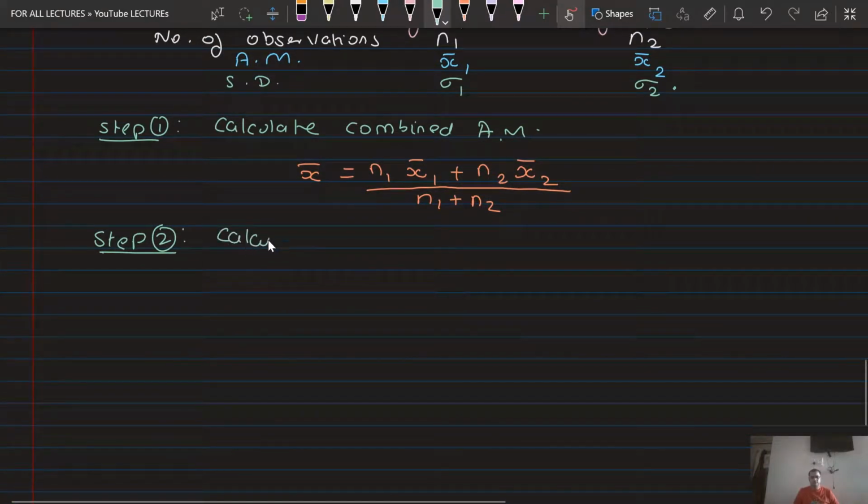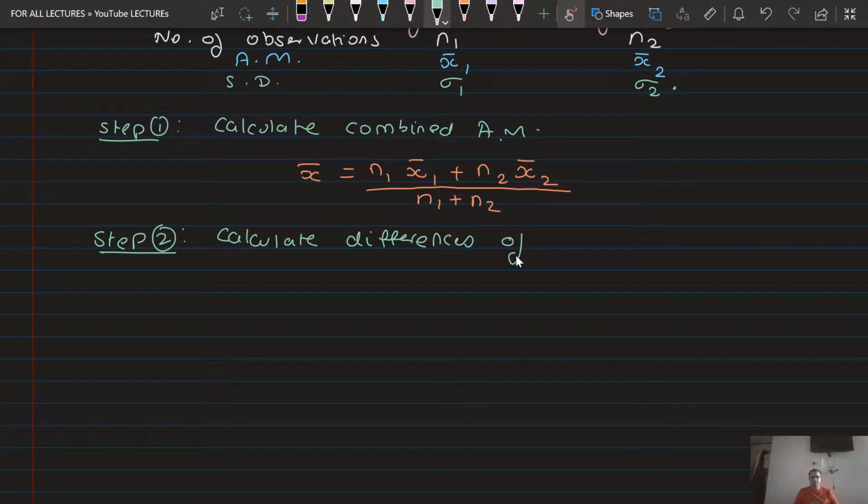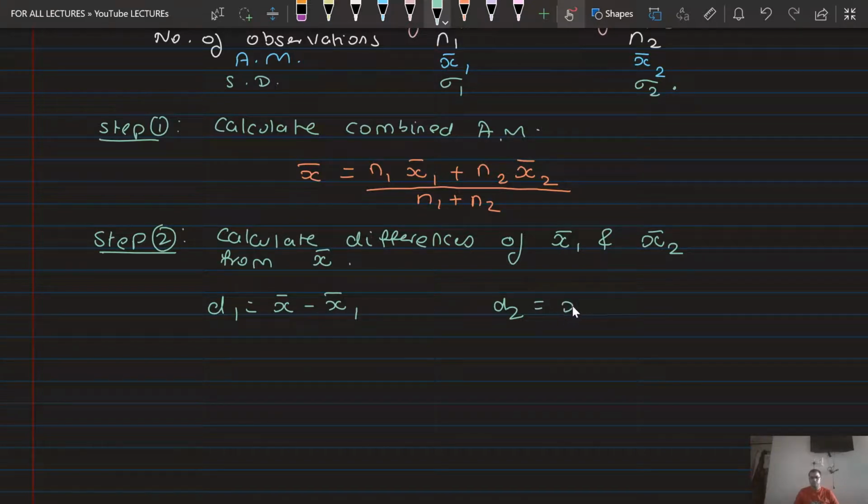Step number 2, calculate differences of x bar 1 and x bar 2 from the combined mean x bar. So basically differences are denoted by d1 and d2, and it is given by x bar minus x bar 1 and d2 is x bar minus x bar 2.